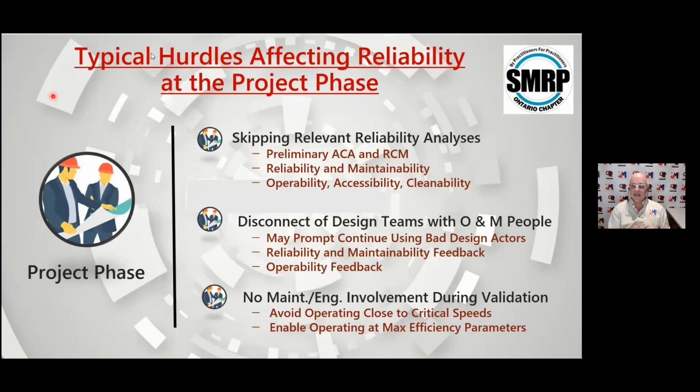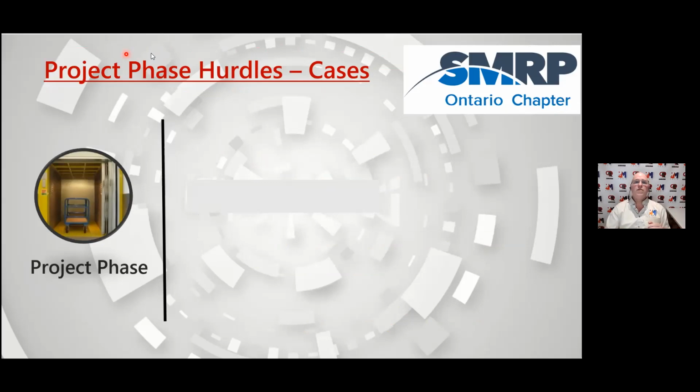These hurdles affect asset reliability. I would like to bring some real examples from the project phase. First, I remember a cargo elevator design flaw that cost a lot of money to a company.